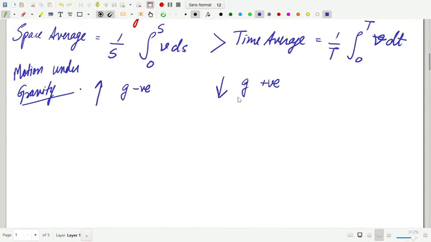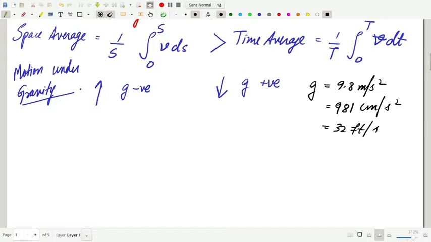Now, what is basically the value of g? g is equal to 9.8 meters per second square, or 981 centimeters per second square, or 32 feet per second square.